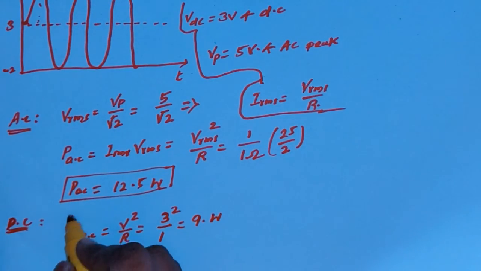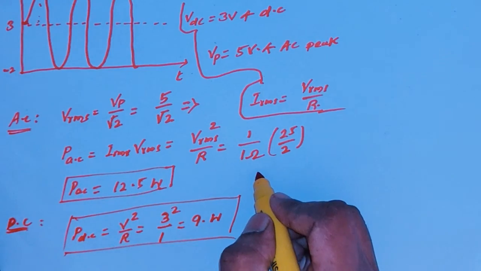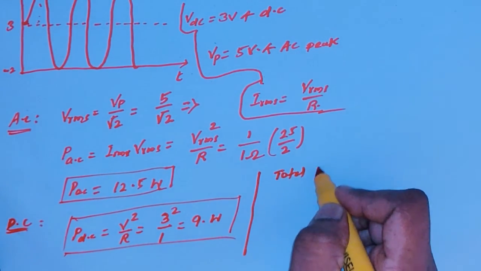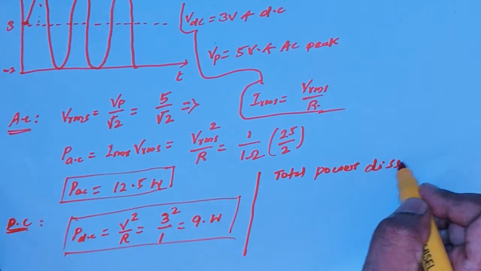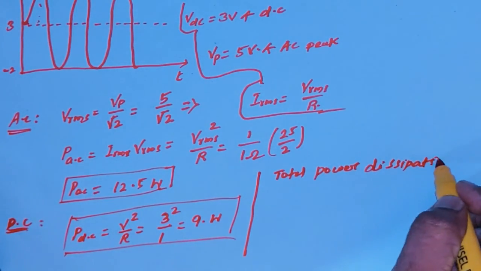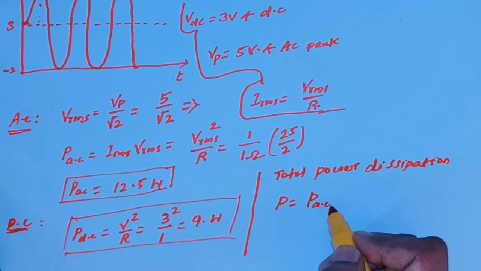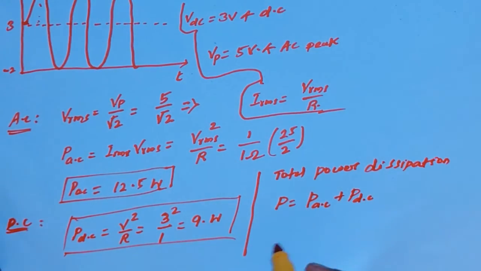So what is the total power dissipated across the resistor? It's the addition of the power dissipated due to the AC signal plus the power dissipation due to the DC signal across the resistor. This will give the net power dissipated across the resistor.